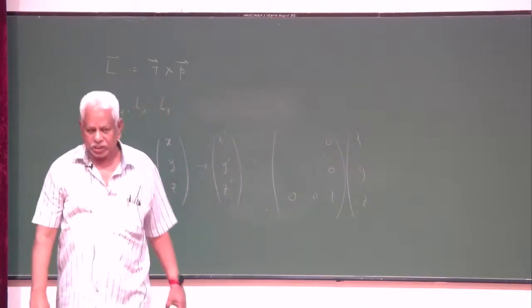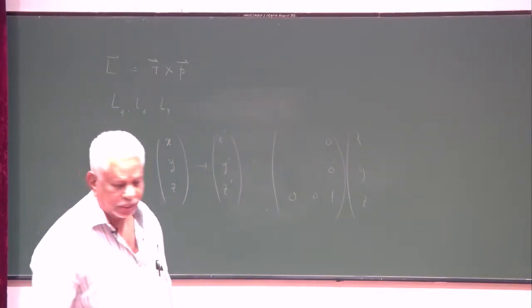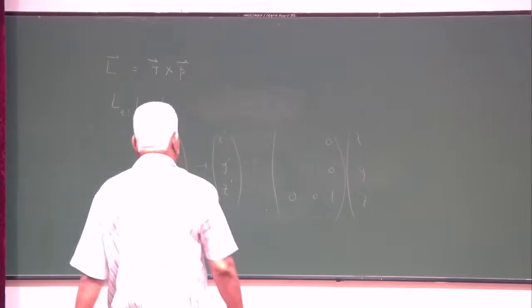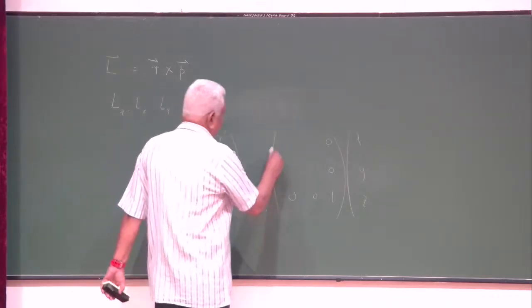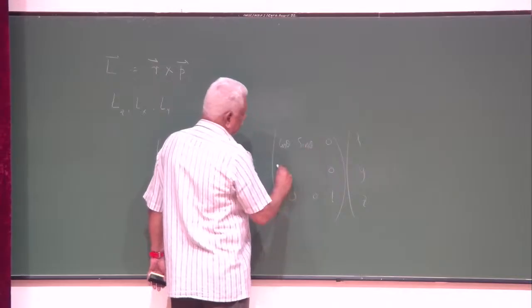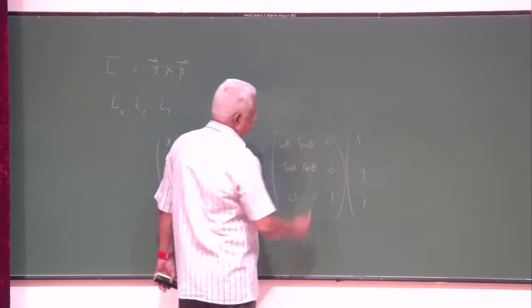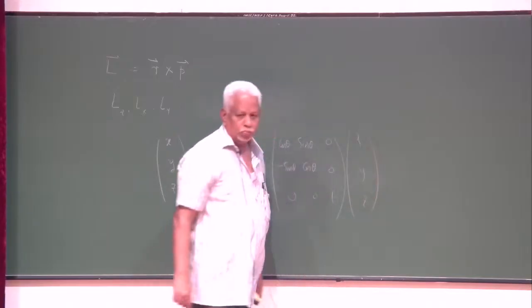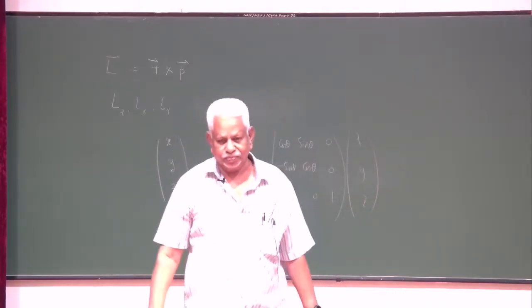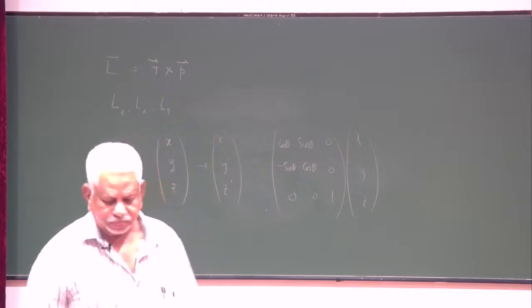Z has not changed. It is only the xy plane which is rotated. It is very simple: cos theta here, sin theta here, minus sin theta here, cos theta here. That is what that object is going to be.